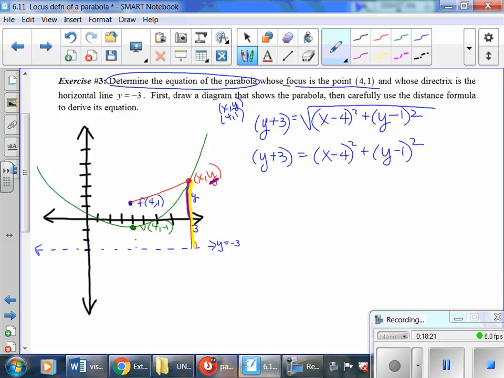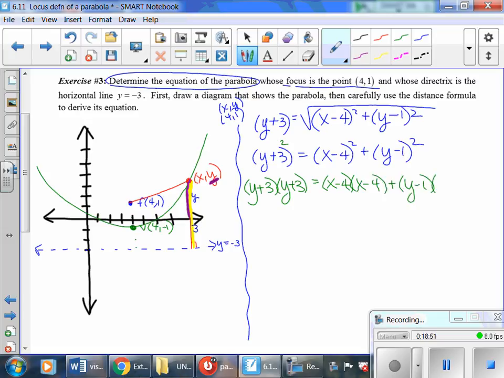Now, if you wanted to write it down with the squared like I did, you just wouldn't put the radical on the right-hand side. We all understand that, hopefully. So what do we have? Now this time I forgot to square both sides. Oh my gosh. Okay, so what does this mean? I'm going to have y plus 3 times y plus 3 is equal to x minus 4 times x minus 4 plus y minus 1 times y minus 1.